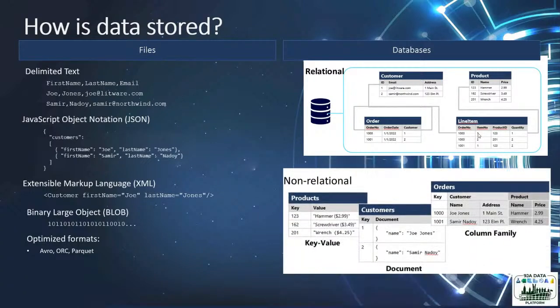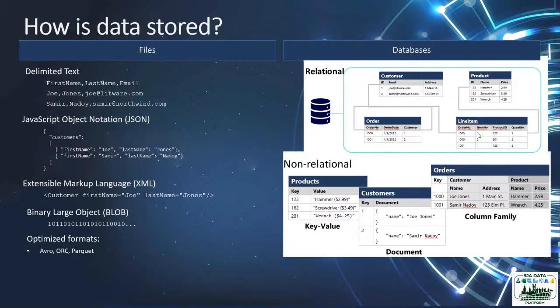And in some cases we have non-relational database, which is key value, like what we said earlier. It can be of this format, this format, or this format. That's why we have delimited text data. Also we have object notation, extensible markup language, and binary, that's for large objects.